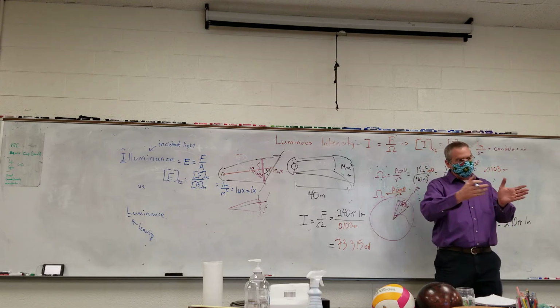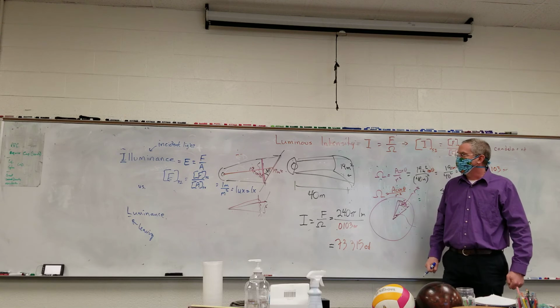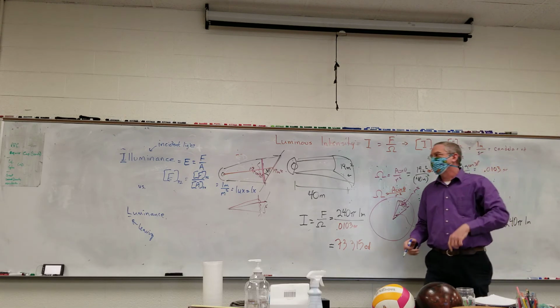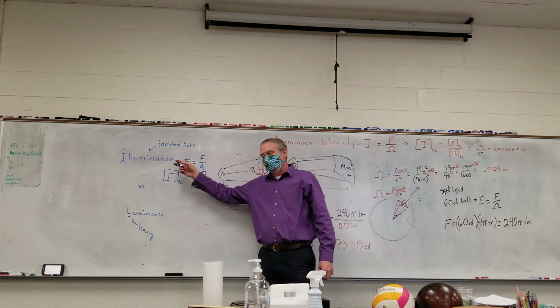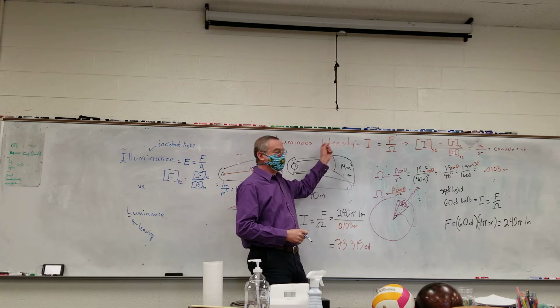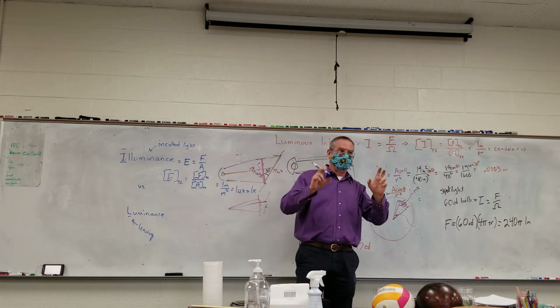However, as you get farther and farther away, the area that it's hitting gets bigger and bigger. So the illuminance will get smaller with distance, but the luminous intensity will not, in our nice ideal world.